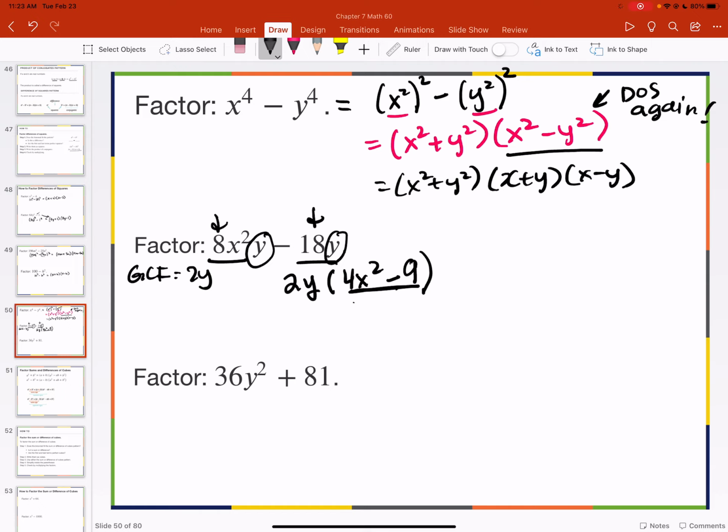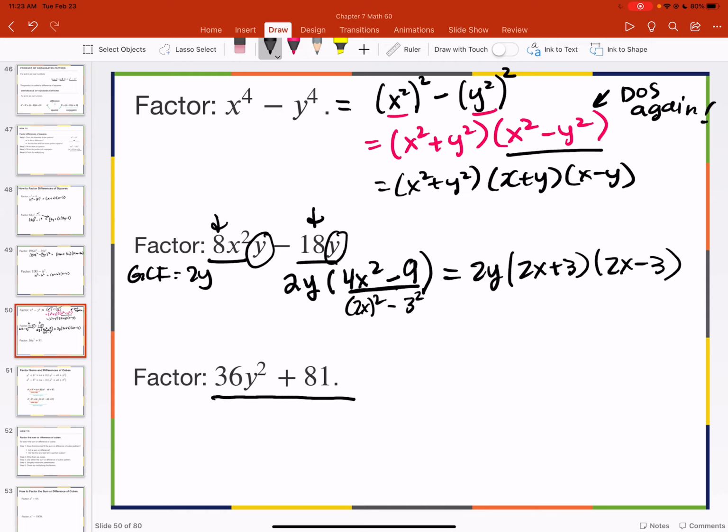This is 2x squared, and this is 3 squared. So it factors out to the 2y, of course, don't forget him, 2x plus 3, and then 2x minus 3.